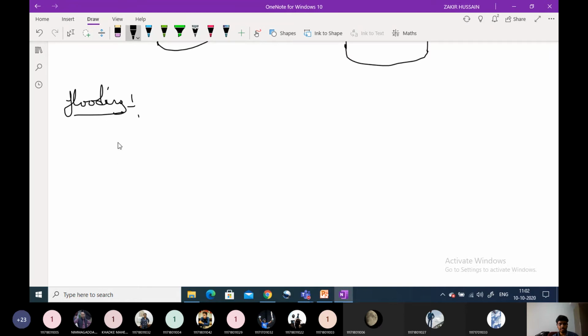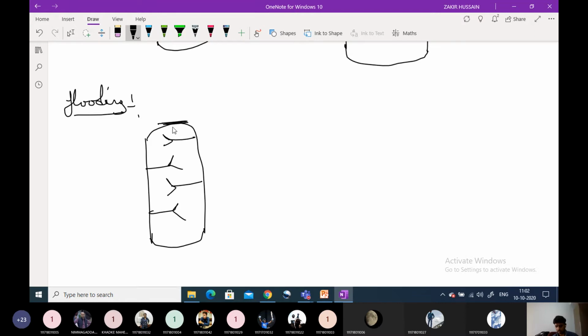So flooding is also caused by high vapor flow rates. This is a plate, this is a plate, and this is also a plate, and this is the column top conditions. Entrainment will take place because of high vapor flow rates, high V, I am writing.